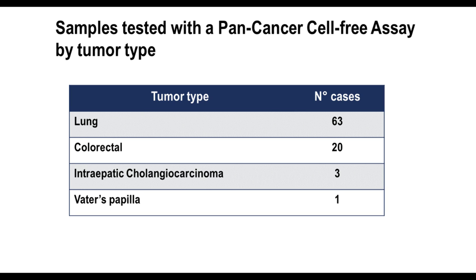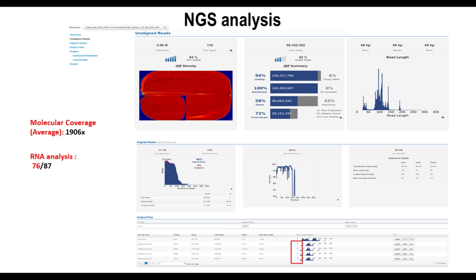In this study, we are not using a specific assay, but we are using a pan-cancer assay, again based on AmpliFix technology. Of course, we use a pan-cancer assay because we need to test a larger number of targets. And this is the molecular coverage.